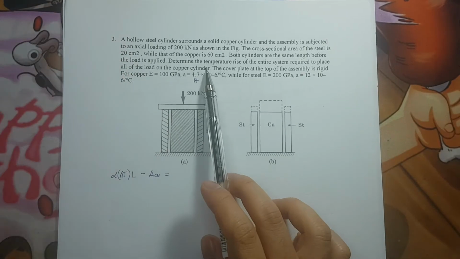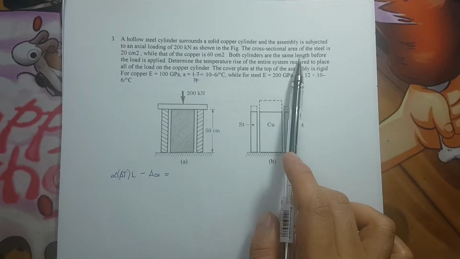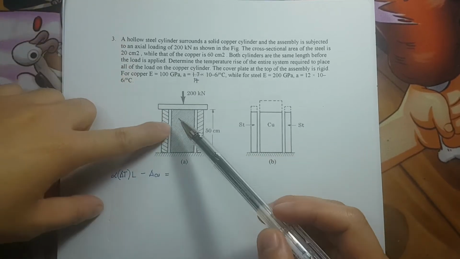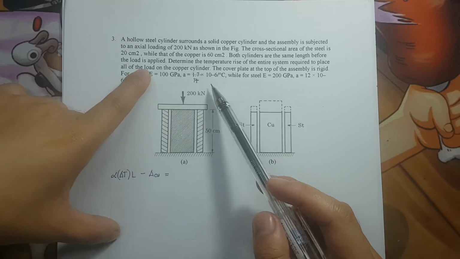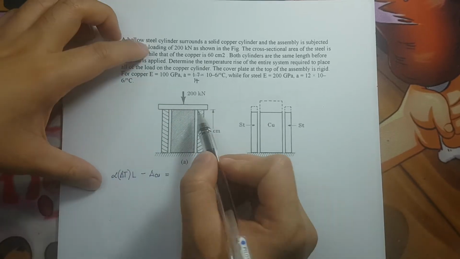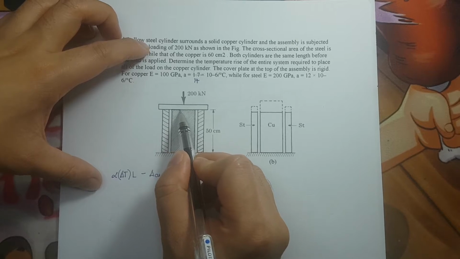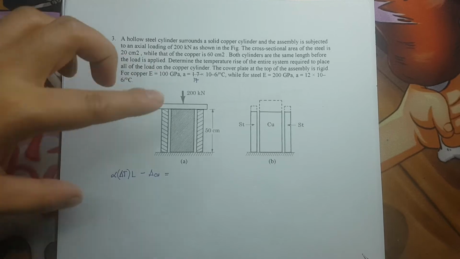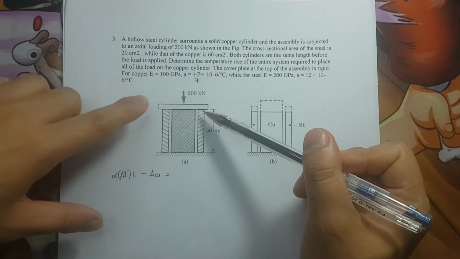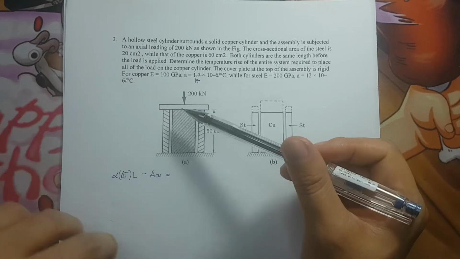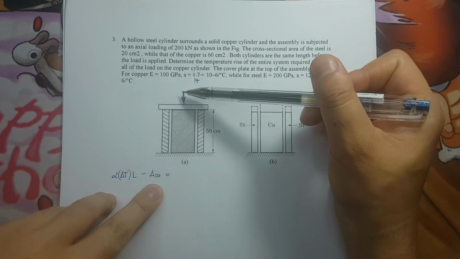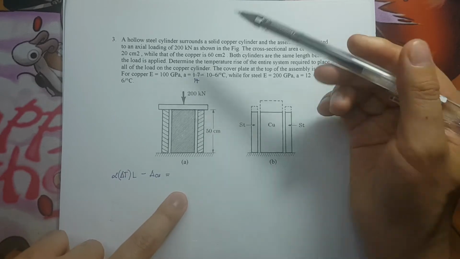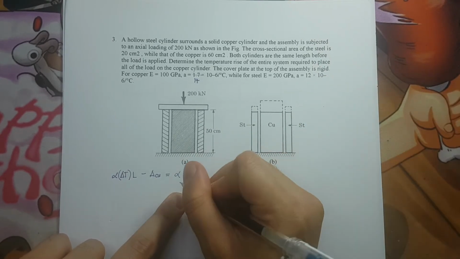Kasi according to the problem, yung copper until is such a way na yung copper yung magbubuhat ng 200 kilonewton. So we can say na mag-level yung copper and yung ating steel. So therefore, the thermal expansion of the copper minus the deformation due to the loading is equivalent to the thermal expansion of the steel. Okay?